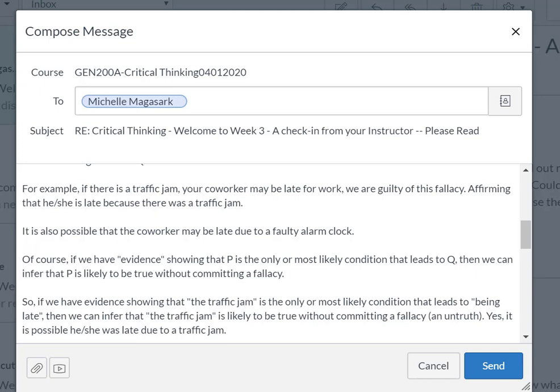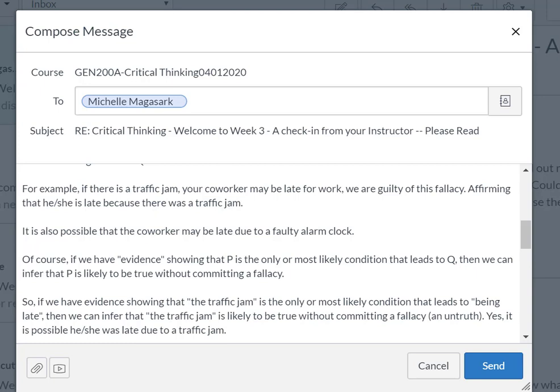Evidence, and you're looking for that in all fallacies. If we have evidence showing that P is the only and most likely condition that leads to Q, then we can infer that P is likely to be true without committing a fallacy, an untruth, a lie.